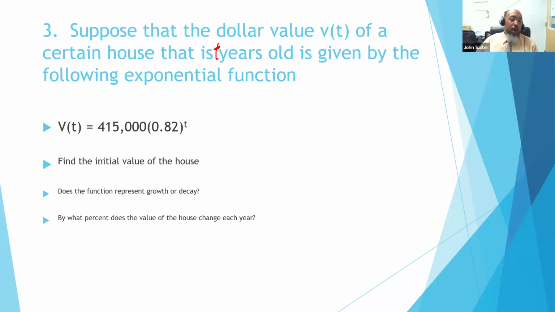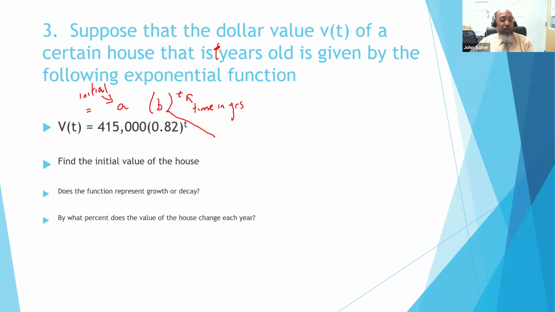Most exponentials come in the form of a times b to the t, where t is my time in years, a is my initial value, and b represents my change.